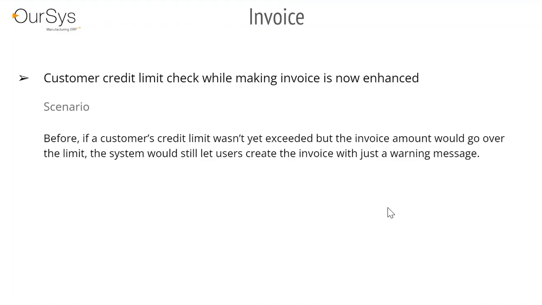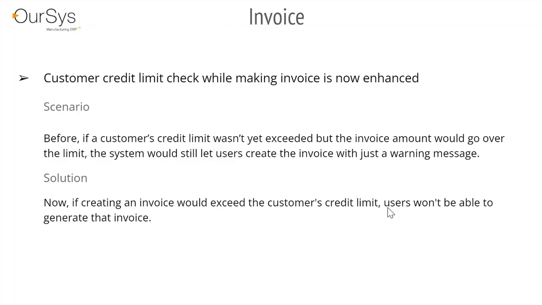It would only show a warning sign about the potential issue, but it wasn't stopping the invoice from being created. So now, if you try to create an invoice for a customer and the total amount of the invoice is more than what the customer is allowed to owe, then the system will stop you from making that invoice.